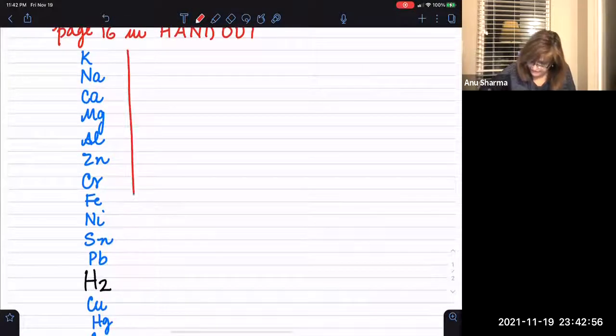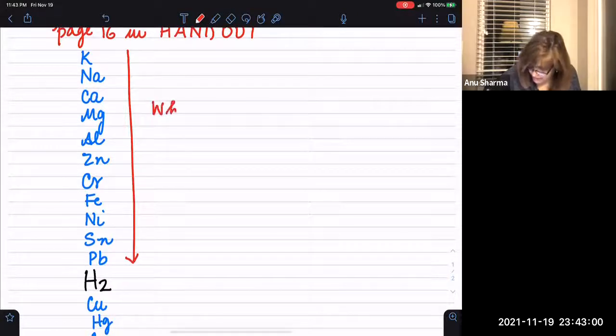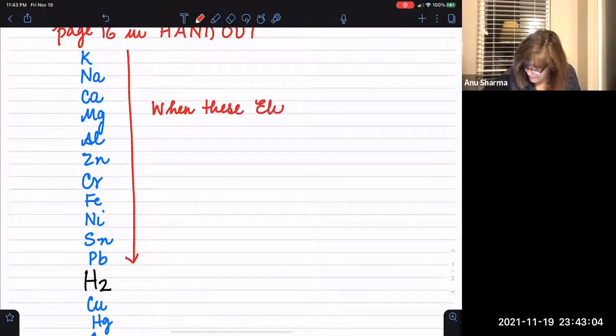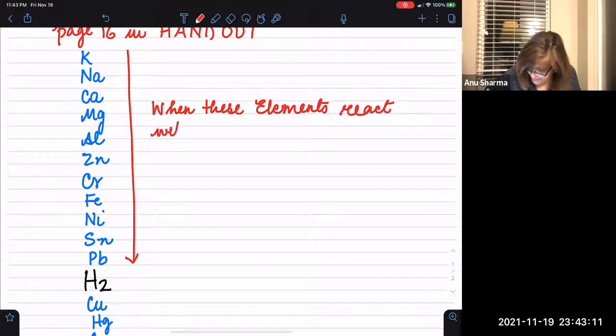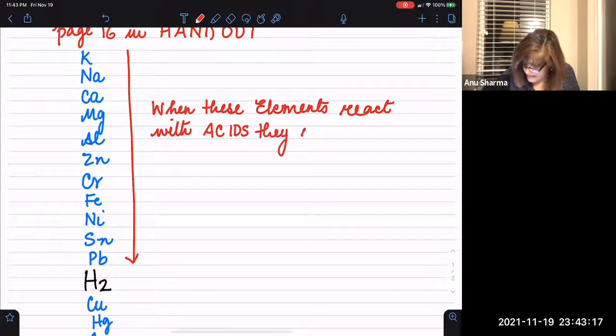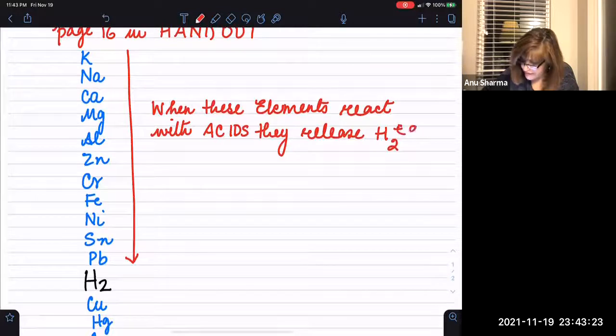Okay, so each one of these atoms will release hydrogen. When these elements react with acids, they release hydrogen gas, sorry, hydrogen as a gas.